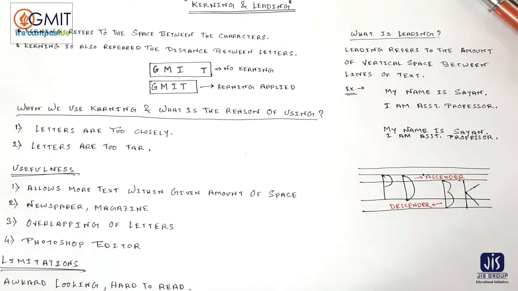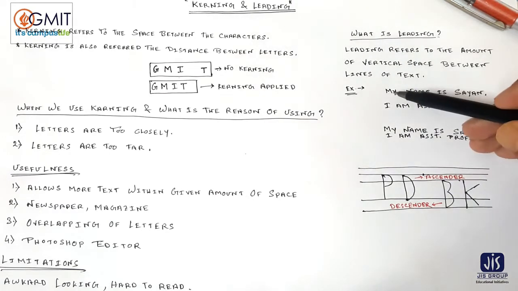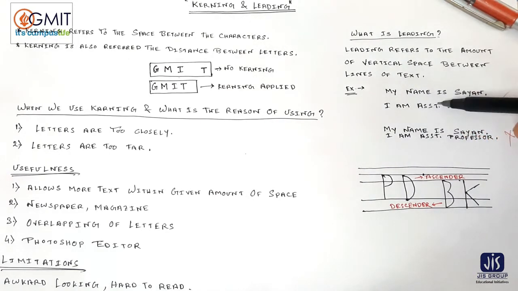You see this and tell me which one is more readable to you, first one or second one? I think this one is more readable to you, not this. Correct or not? Because the vertical distance between these two lines is the same, and there is a particular vertical space.